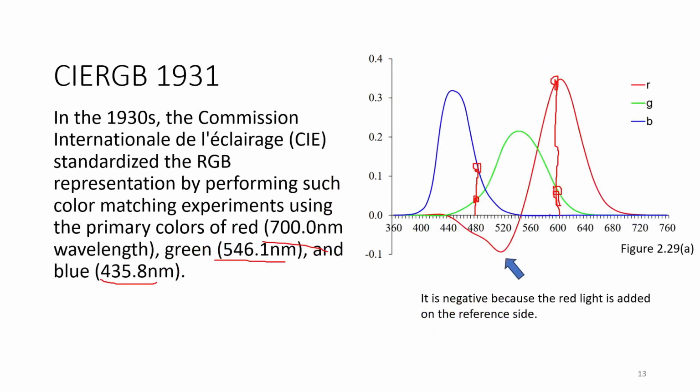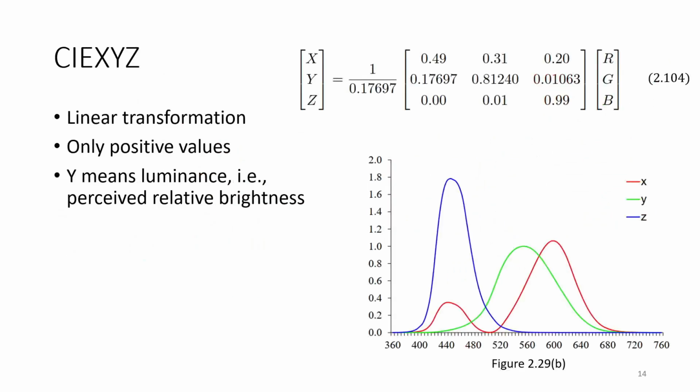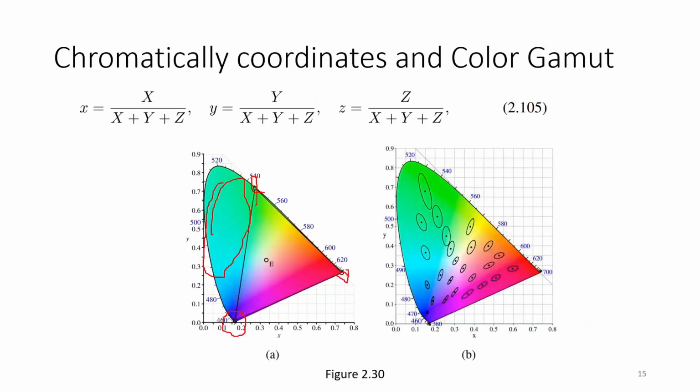That is the reason why there are some negative values here, because they are too gray to be a positive combination of the red. Red is here. This is red. Too gray to combine the red primary color. So it has to be negative.